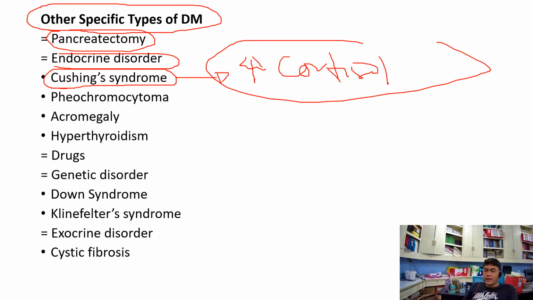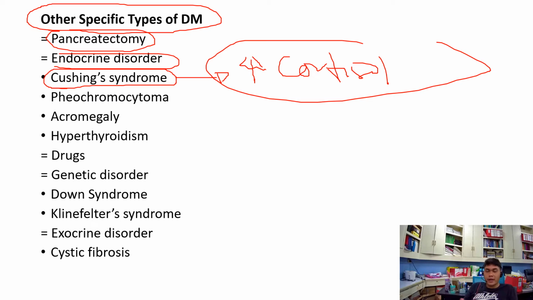Acromegaly, you have an increase in growth hormone, and growth hormone promotes glycogenolysis. Okay? So same with pheochromocytoma, the diabetes is secondary to acromegaly. Okay? For hyperthyroidism, same mechanism. You have increased thyroid hormones, and thyroid hormones facilitate glycogenolysis and gluconeogenesis.